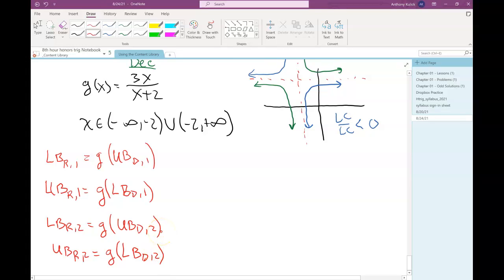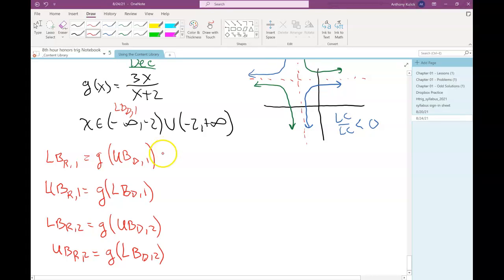Is everybody okay with the notation that I wrote there? So I used the 1 to just indicate, this is lower bound domain 1 is the negative infinity, for example. You don't have to use this notation. I just wanted to include something in your notes so you know where I'm pulling these values from.